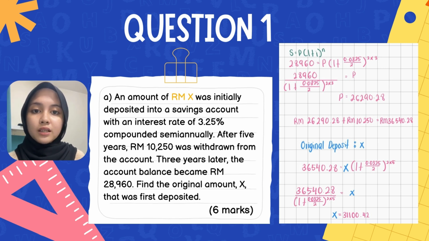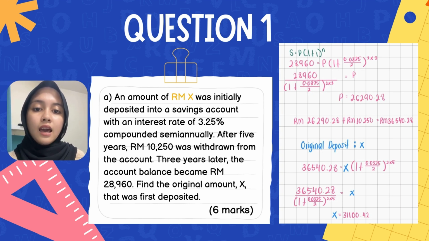To use this formula, we need to express the interest rate as a decimal. Since the rate given is 3.25, we divide it by 100 to convert it into decimal form, which gives 0.0325. Then, over M, which is 2, because the question said it is compounded semi-annually.